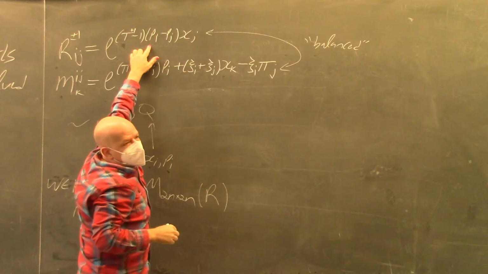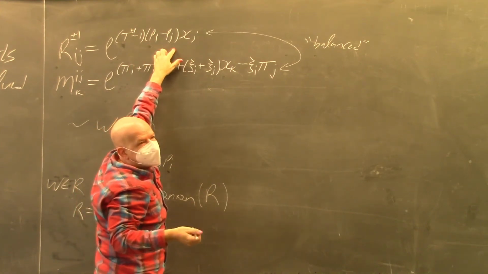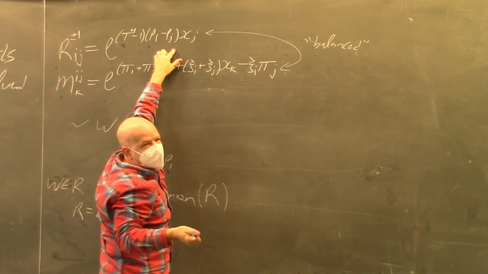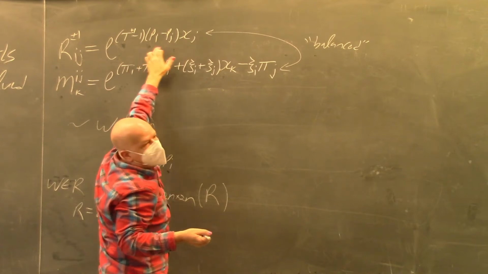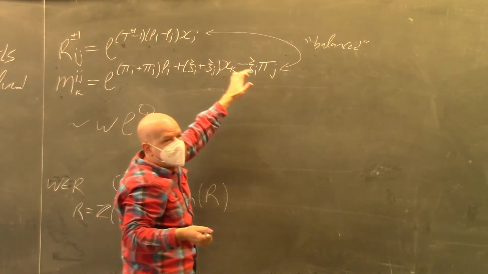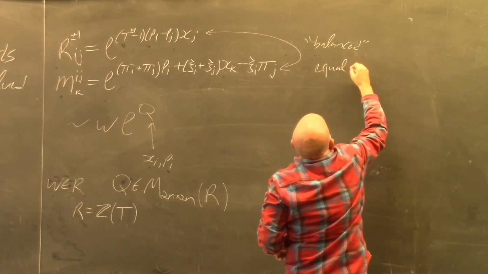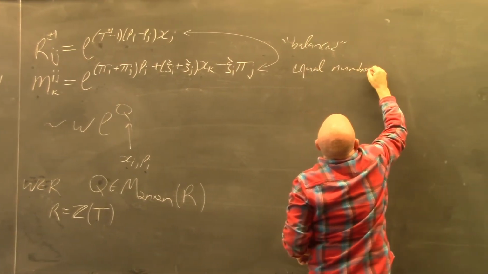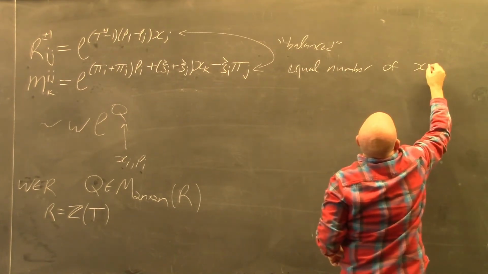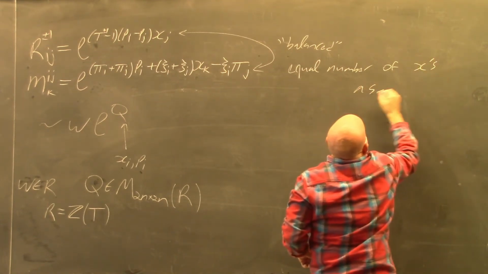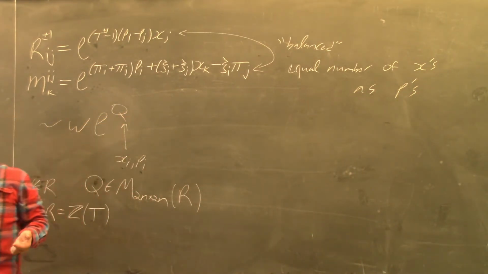If you're talking about Latin letters, it means equal numbers of p's and x's in every term. Basically no xx terms and no pp terms. So equal number of x's as p's, if you're talking only about Latin.